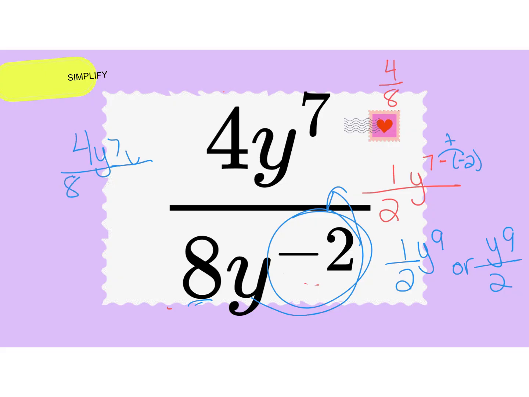But to make that y positive, I'm sending it up top. Okay. Product of power rule that says if the bases are the same, add the exponents. So I'm left with y to the power of 9. And then I am just going to simplify 4 over 8. I know 4 over 8 simplified is 1/2, the same thing. I hope that this has helped.